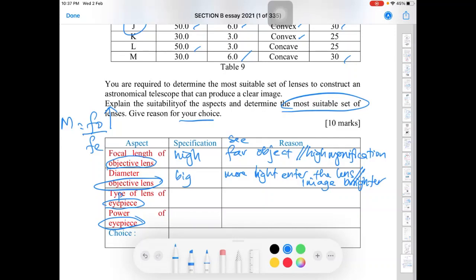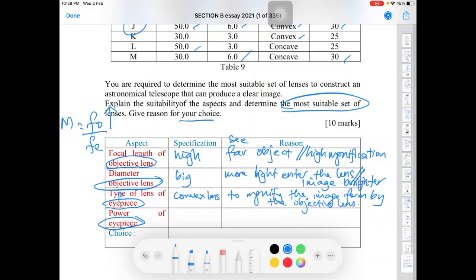Eyepiece pula, you know convex lens. Mestilah convex lens. Mana boleh concave lens. So convex lens because you nak buat dia jadi magnifying glass. Ataupun to what? To magnify the image formed by the objective lens.